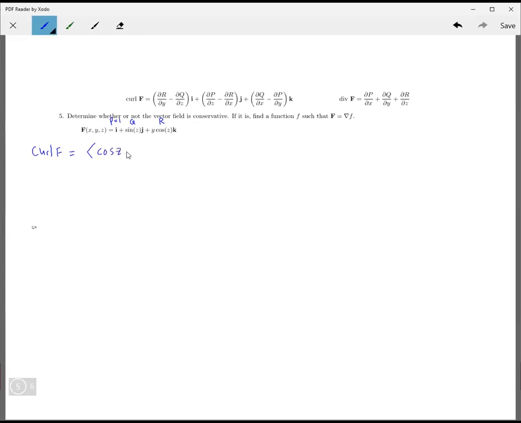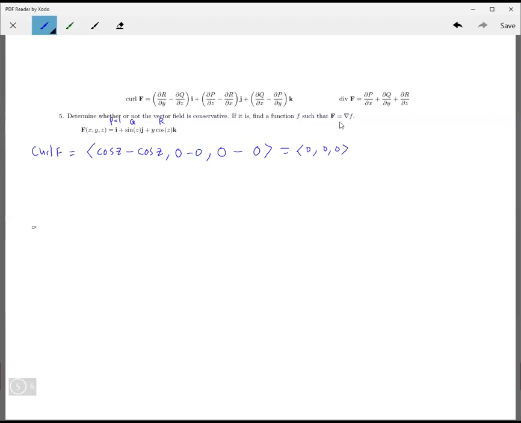And then minus dQ/dz, that's also cosine z. Then the next one is dP/dz. Now this is just going to be 0. And then dR/dx. There's no x's here, so that's also 0. Then the last one, dQ/dx, 0. There's no x's in here. And then dP/dy is also 0. So that's going to be 0.